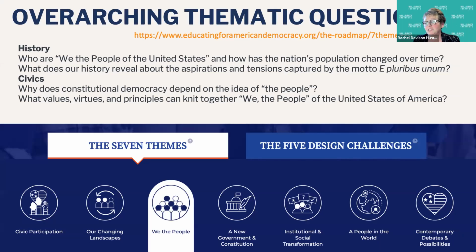So I want to reiterate, Natasha did a fantastic job with the overview, but one of the things that I love about the EAD framework, and I left the classroom before EAD existed, but if I had been in the classroom, one of the things that I really appreciated is that this isn't a curriculum, it's a roadmap, right?